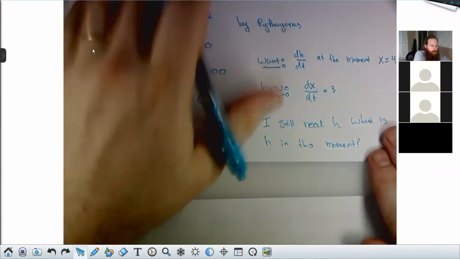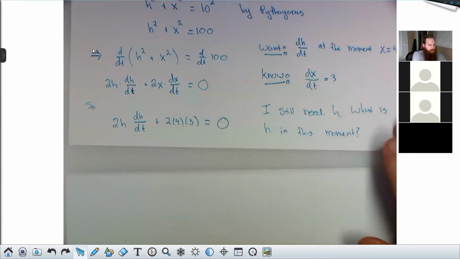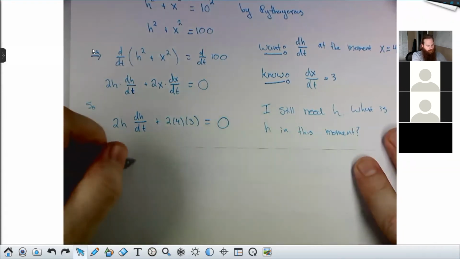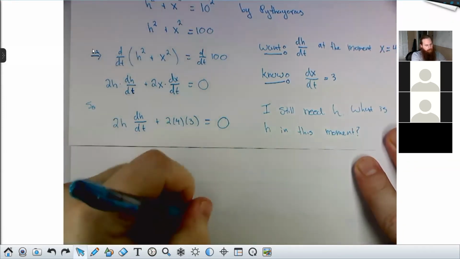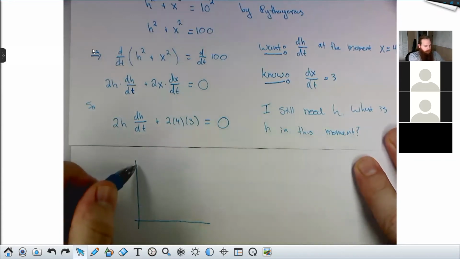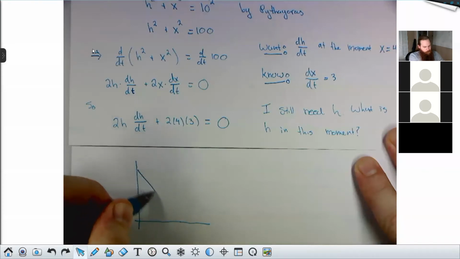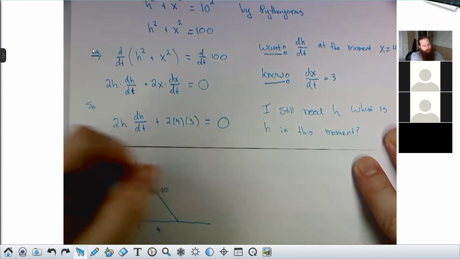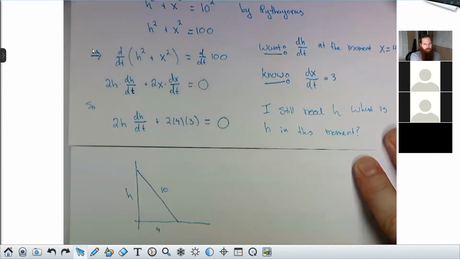The moment I'm looking at is the moment when x is equal to 4. So in that moment when x is equal to 4, I need to solve for h.